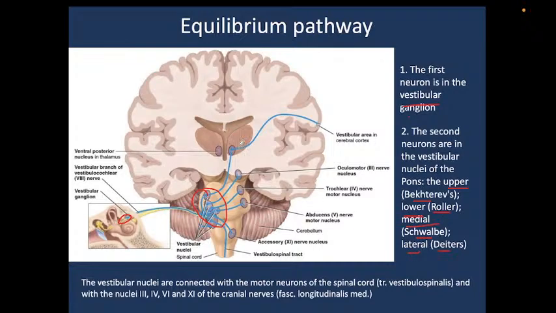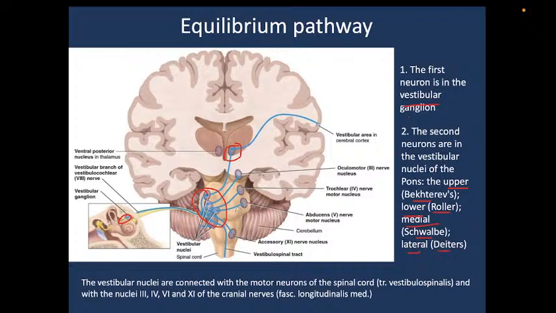Then the fourth neurons are located in the thalamus, or sometimes vestibular nuclei have a lot of connections with the motor neurons of the spinal cord, as well as some of the cranial nuclei of the oculomotor, trochlear and abducens nerve, as well as the accessory nerve.